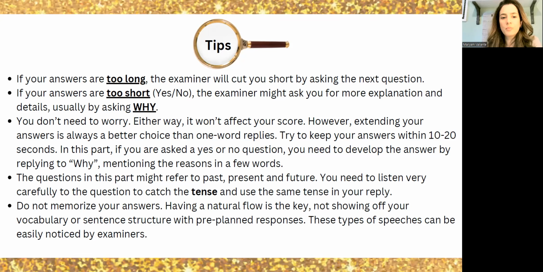Another point in part 1 is about the tenses. As you might know, part 1 does not require big vocabulary or very complex sentence structures. You don't need to show off the list of vocabulary that you memorized or the various sentence structures that you know in your grammar.